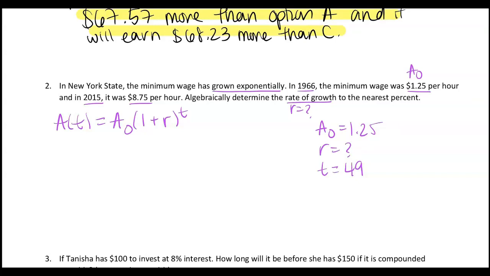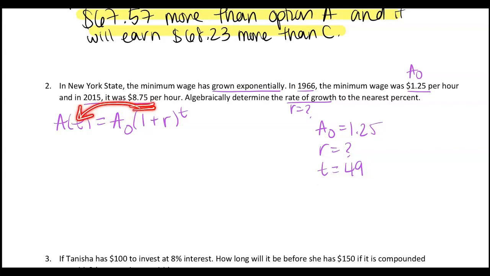If I have all of these pieces, I need to know what the rate is because that's the problem. That means I need to use A of t somehow. A of t is like your final amount. I do know that in 2015, I had $8.75. We already used the 2015 when we found the time, so let me use the $8.75 for my A of t.